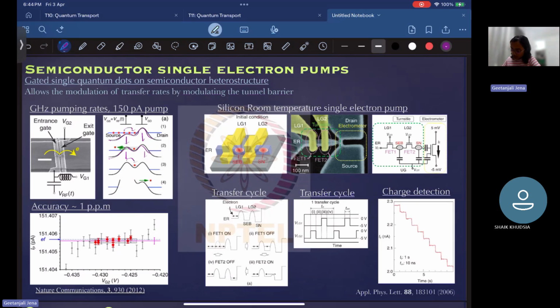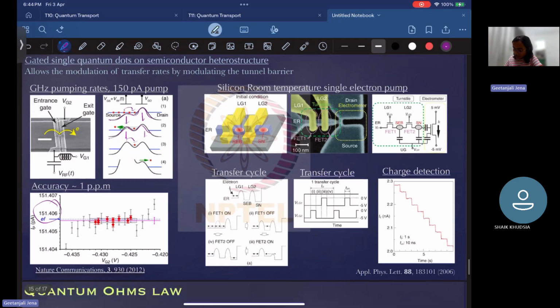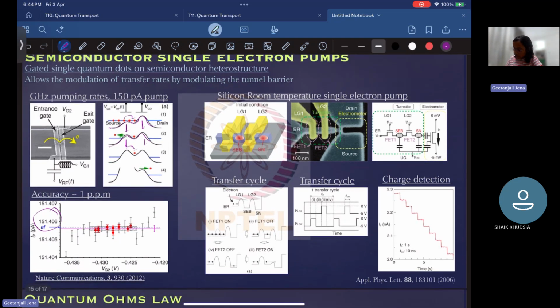And the current that you will get, you can see that it is 150 pico. So the current is much higher than what we can get in the metallic single electron pump.